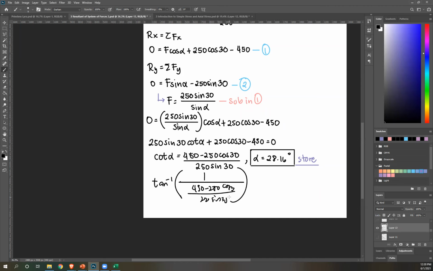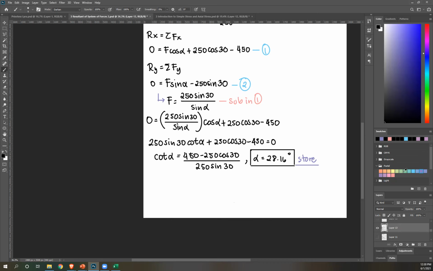That's how you compute it in your calculator. Some of you did 1 over tangent 450, etc. That's incorrect. Do it this way. Practice your calculator techniques until you can get this. Okay, now we have alpha.